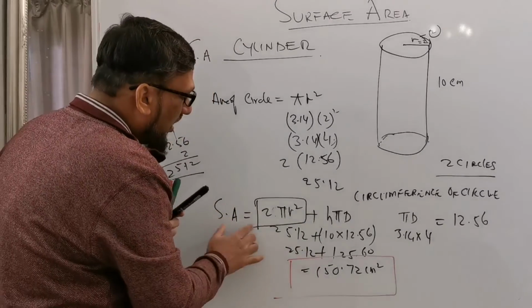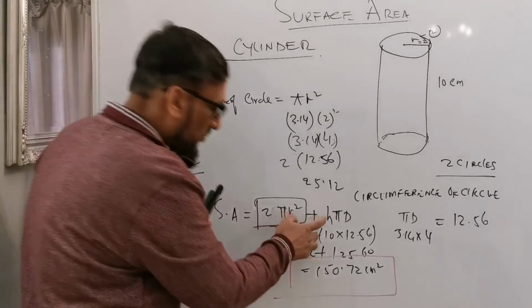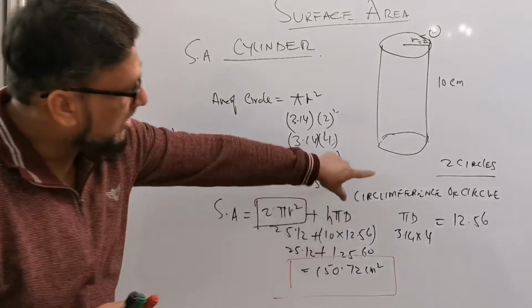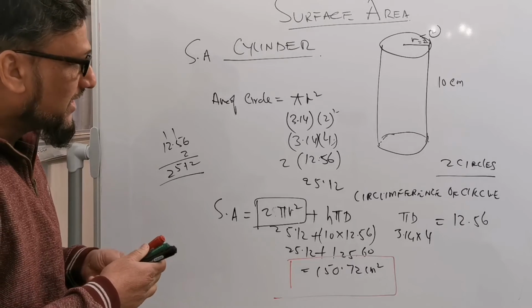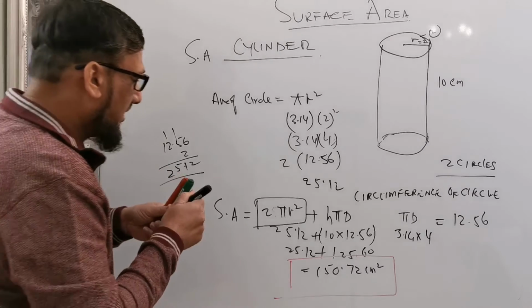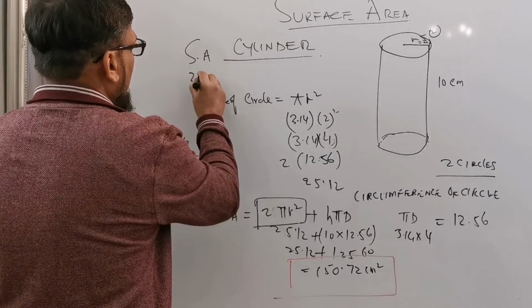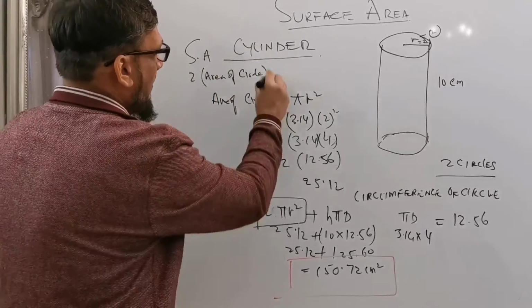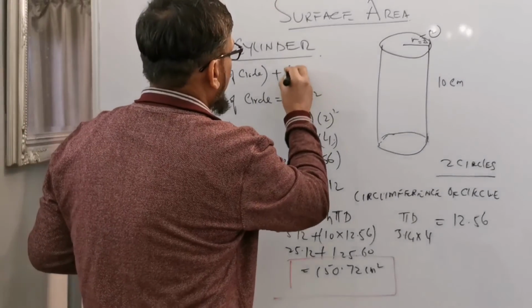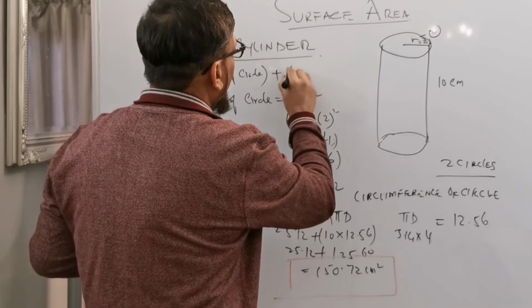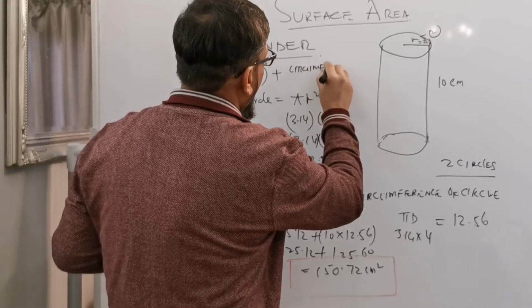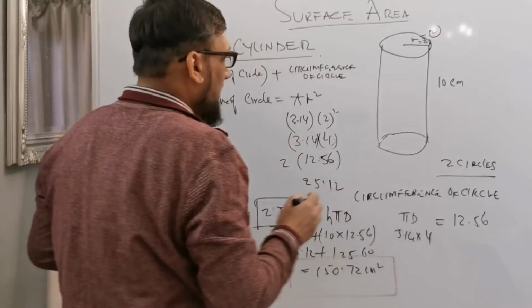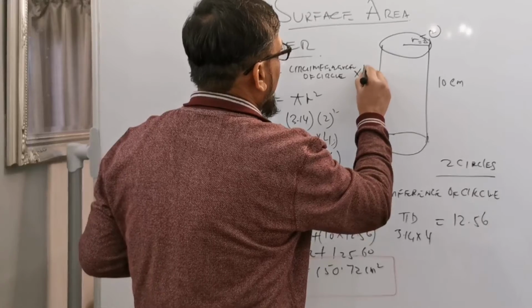So surface area equals 2 pi r square plus height times pi d for diameter, which is 2 times area of circle plus circumference of circle times height.